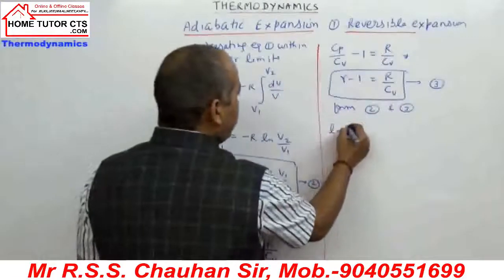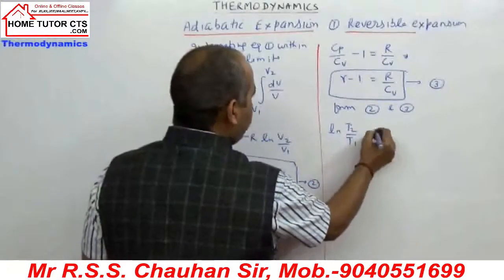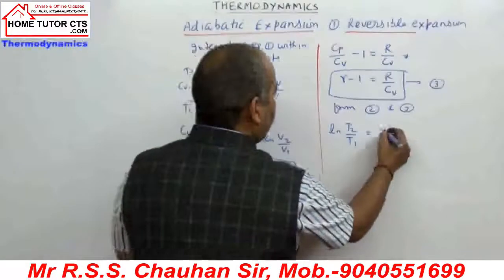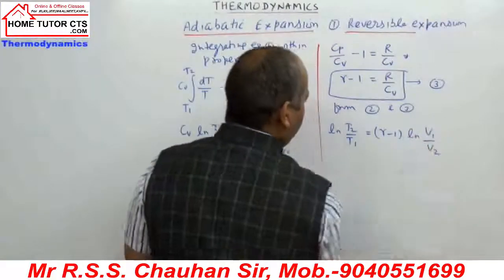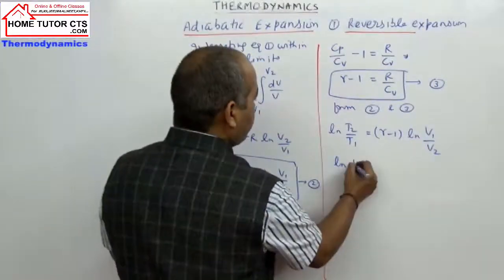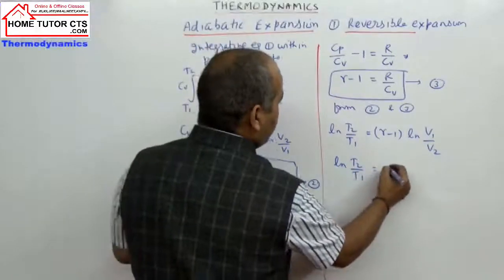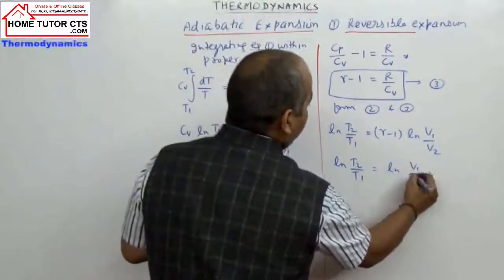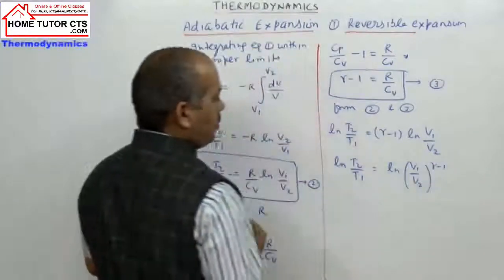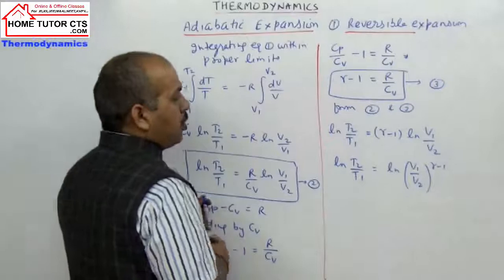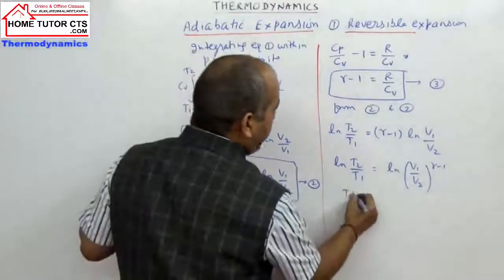I can write ln T2 by T1 is equal to gamma minus 1 ln V1 by V2, or ln V1 by V2 power gamma minus 1, or we can take anti-log on both sides.